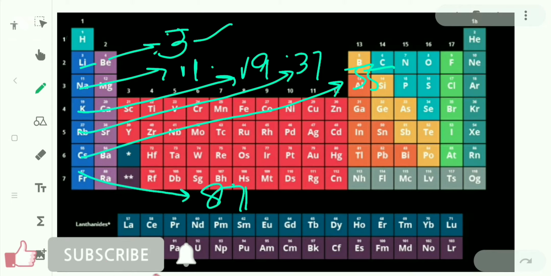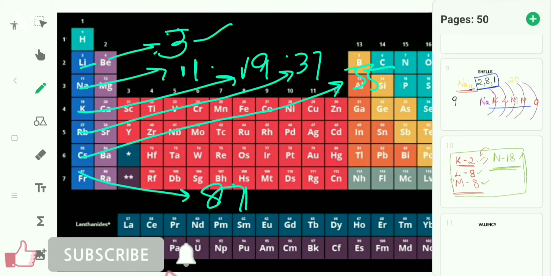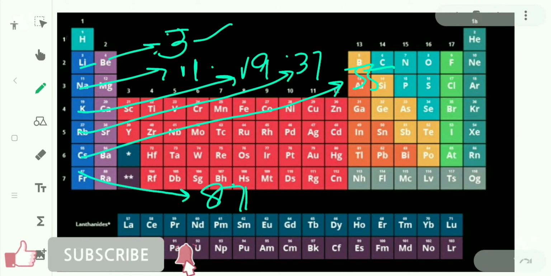Across the period, the number of shells remains the same. I'll explain that in detail. Similarly, down the group, the number of shells increases. Across the period, it remains the same.